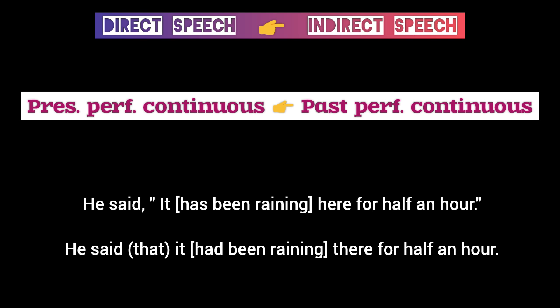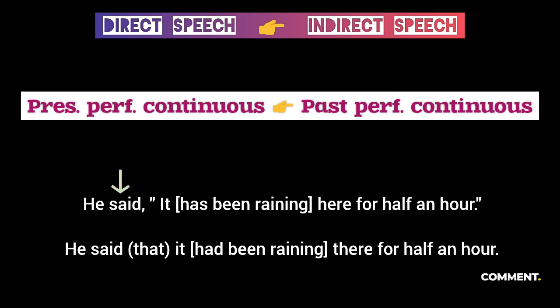When the reporting verb is in the past tense and the reported verb in the direct narration is in the present perfect continuous tense, we change the tense of the reported verb into the past perfect continuous in the indirect narration. He said, "It has been raining here for half an hour."